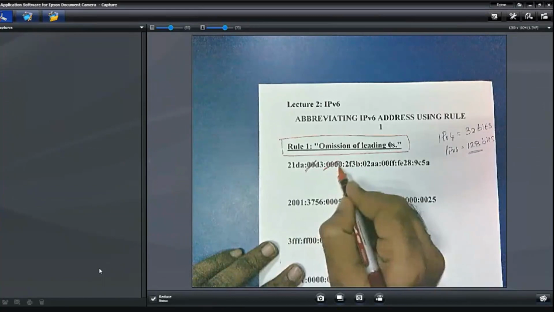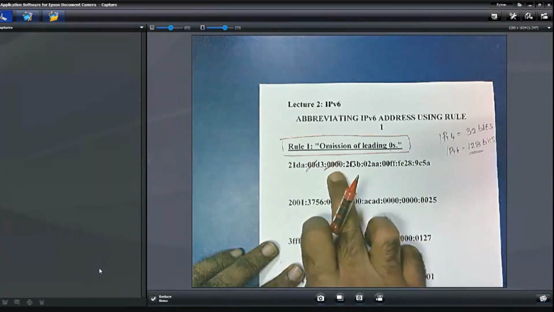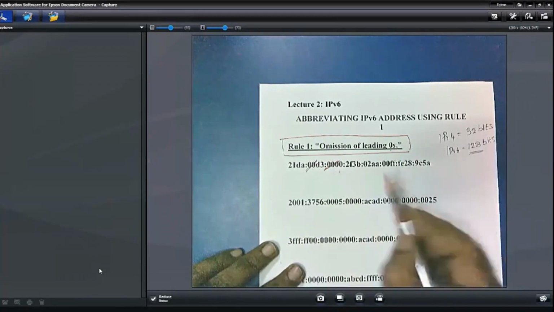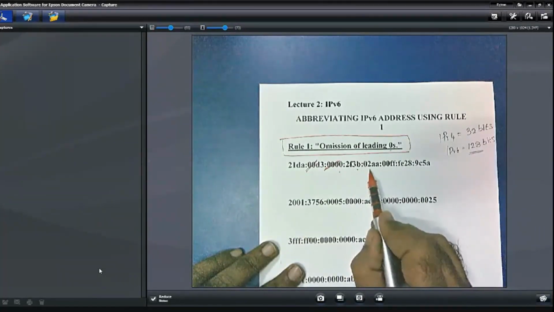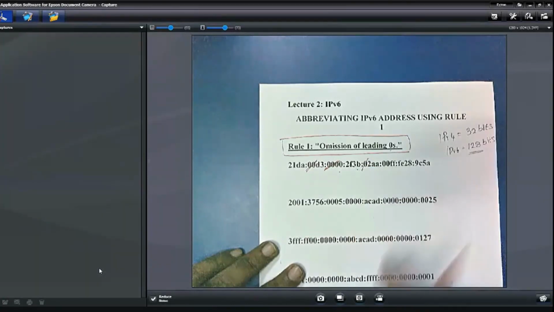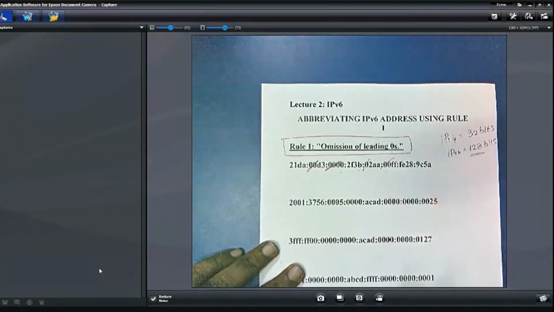If you omit all the zeros, there will be a problem. So three zeros I'm going to omit. Then here there is nothing. Here 0 to AA, so this 0 I can remove. Then 0, 0, FF: these 2 zeros I can omit.